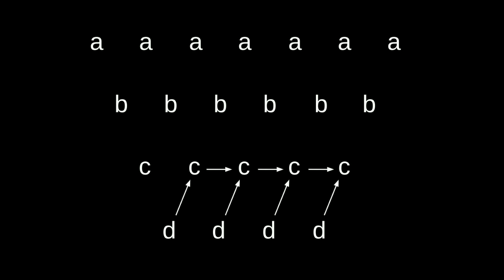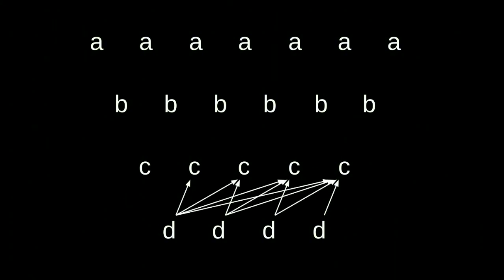Knowing this, instead of drawing an arrow from D to just the term above it, let's draw arrows from a D to all terms in the layer above it that it exists on, so that we know precisely how many Ds are in a specific C term. Now, we can see that the second C term has one D term, the third C term has two D terms, the fourth C term has three D terms, and so on.